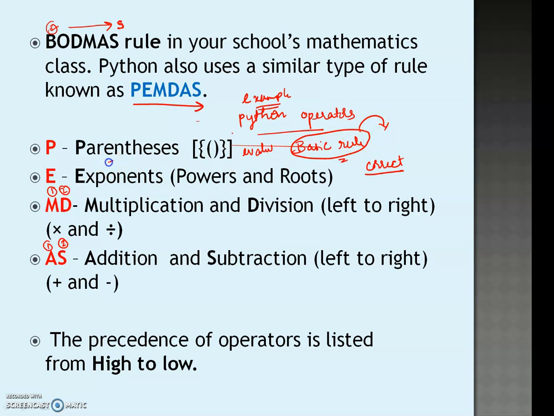First parentheses, next exponents, which handle powers and roots, next multiplication, next division, followed by addition and subtraction. The precedence of operators is listed from high to low. So let's take an example and make the concept a little more detailed.